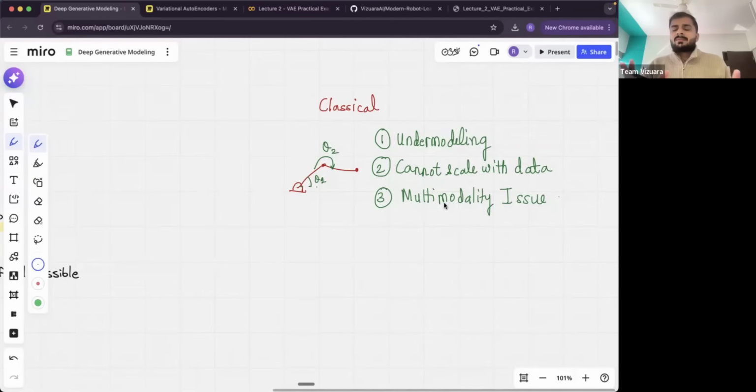So you have multiple modes, a text mode and an image mode, and you need something which can combine both these modes together before it is passed as an input to your model. This is something which classical robotics cannot handle.